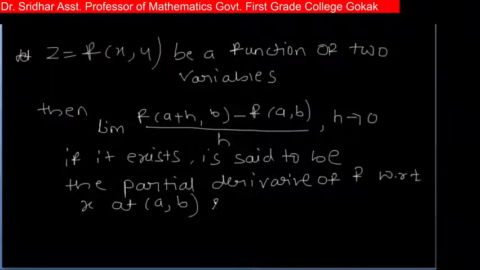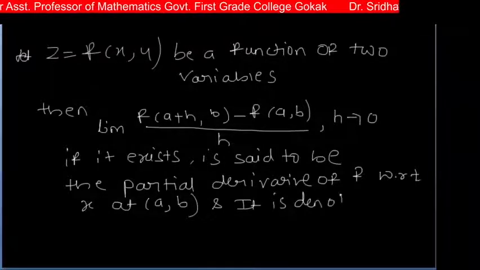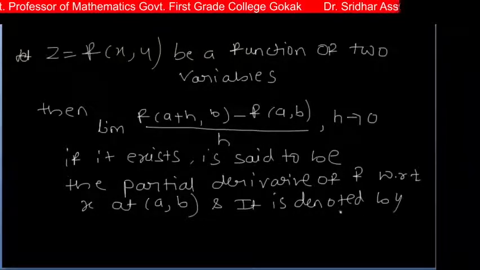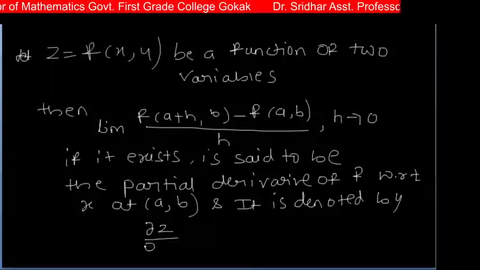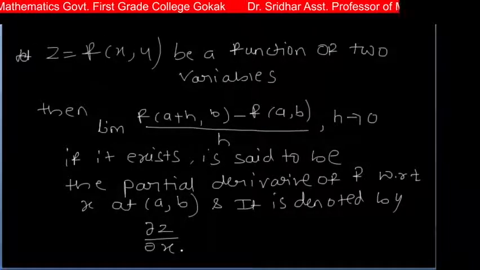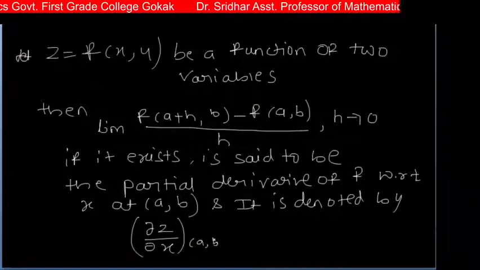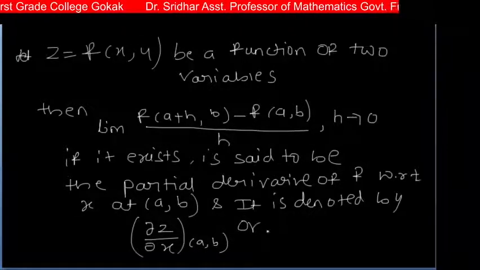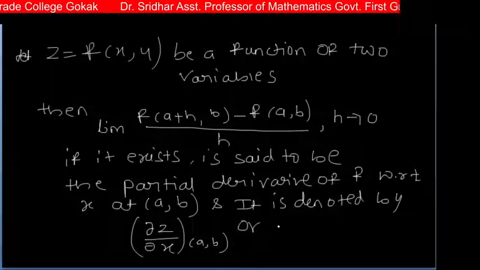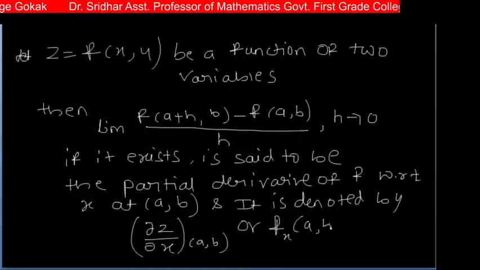Okay, and it is denoted by dou z by dou x at the point a b, or simply it can also be denoted by f x of a b.